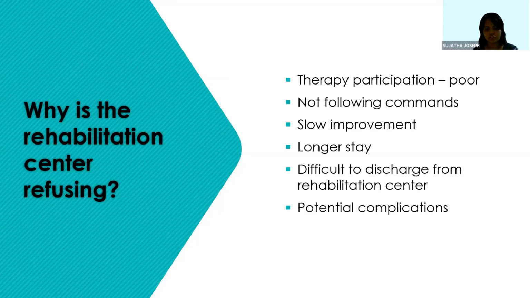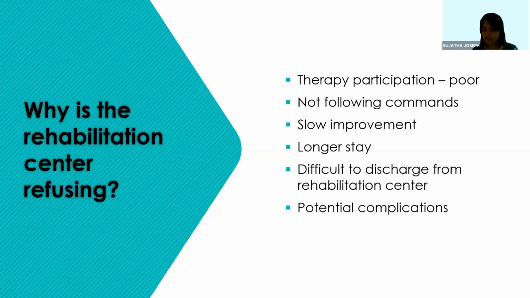Most of the hospitals, even the rehabilitation centers, have limited number of beds for stroke patients. They might have more beds for other spinal cord problems and trauma, but fewer beds for stroke patients. So they might think that with this clinical condition, patient will end up staying in the unit for a long time, which is going to affect taking other patients in.